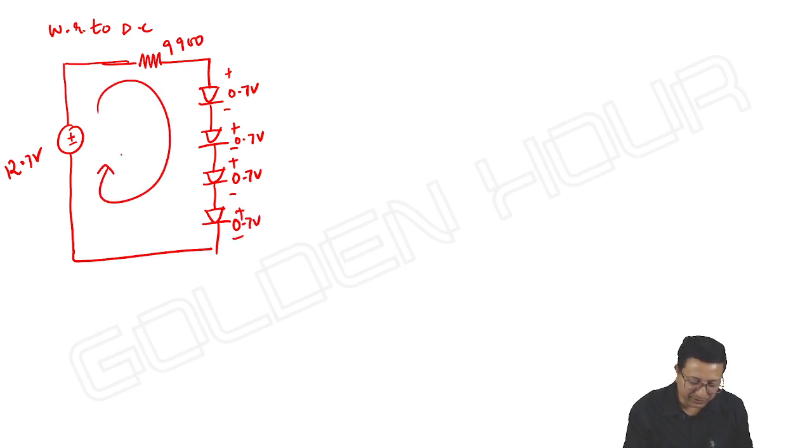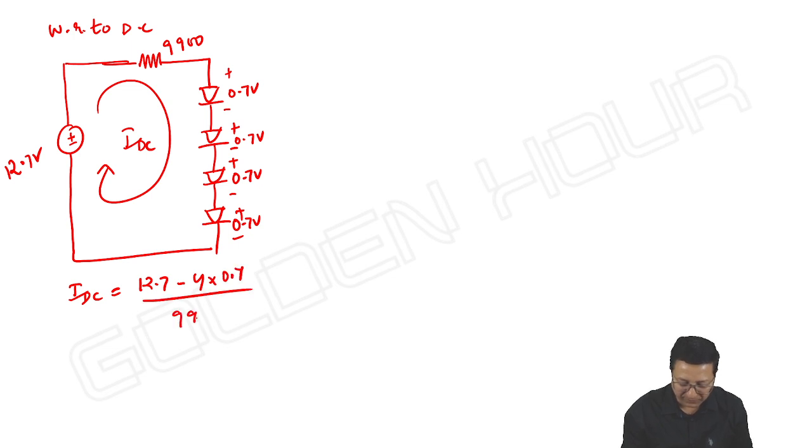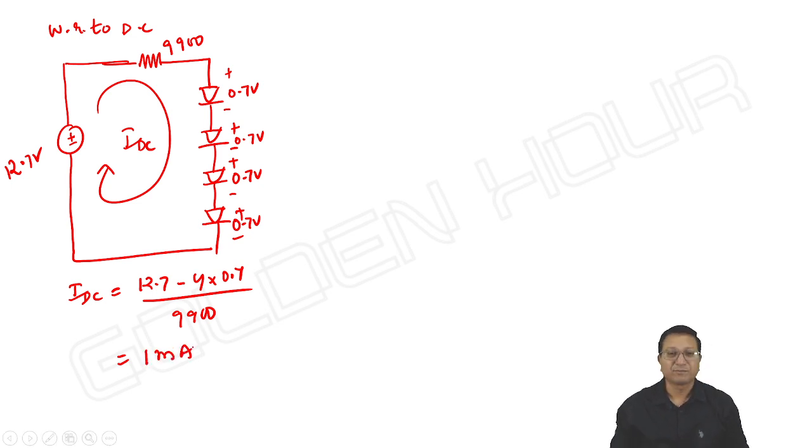Then the current flowing is IDC, 12.7 minus 4 diodes, 4 into 0.7, by 9900. We get it to be 1 milliampere. 12.7 minus 2.8, it is 9.9 by 9900, 1 milliampere. A very, very simple thing.